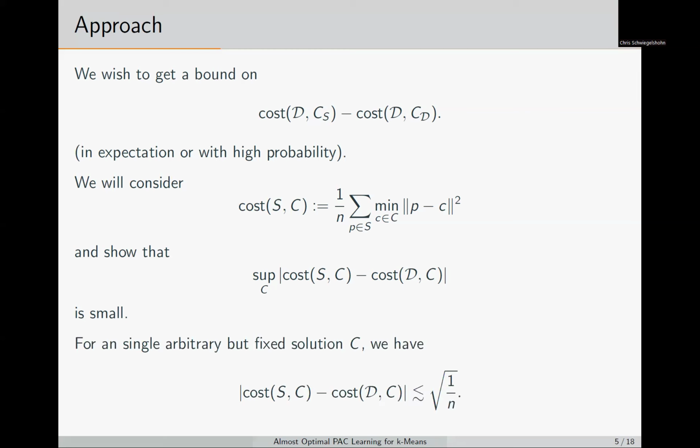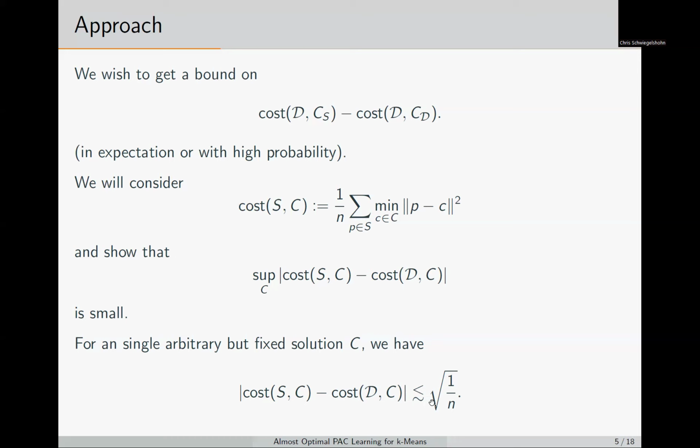And the starting point that we might ask is what happens for a single arbitrary but fixed solution? In this case, standard concentration inequalities show that the difference between the sample cost and the true cost is going to be of the order of square root 1 over n. So for a single solution, we are already in good shape.